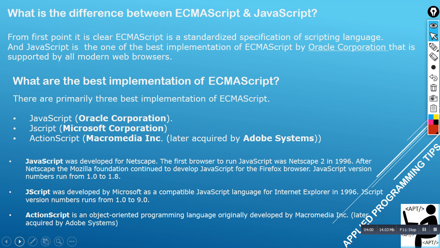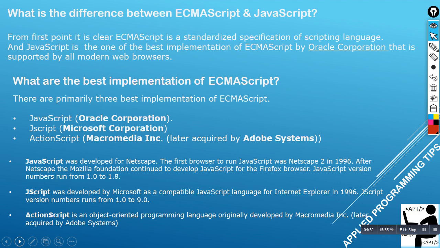There are three primary implementations of ECMAScript. First one is JavaScript, developed by Oracle Corporation, second is JScript, developed by Microsoft Corporation, and third one is ActionScript. Initially it was developed by Macromedia Inc., but later on it was acquired by Adobe Systems.